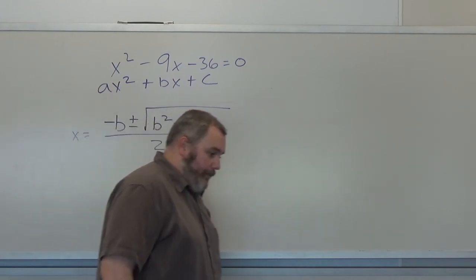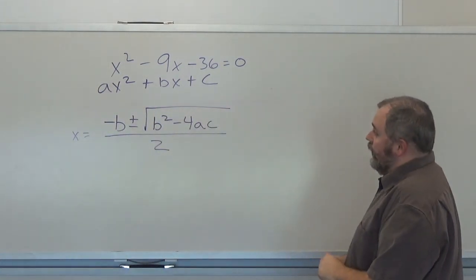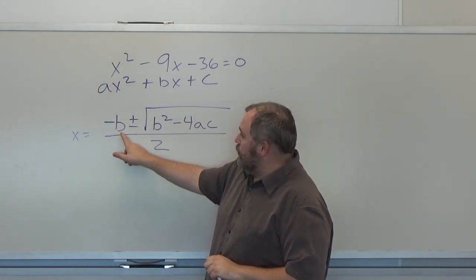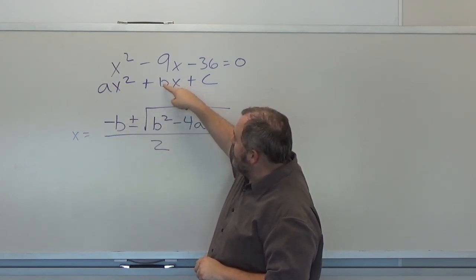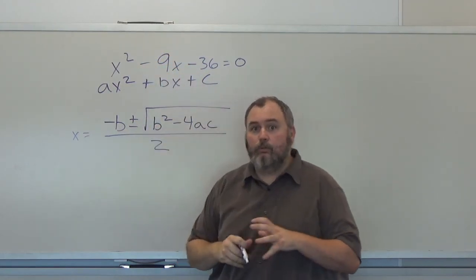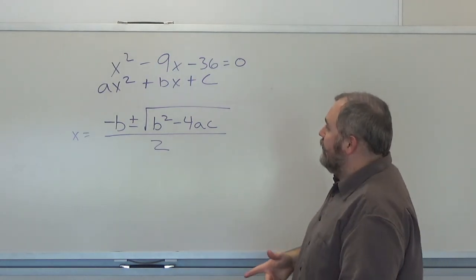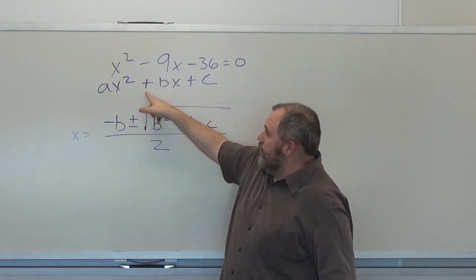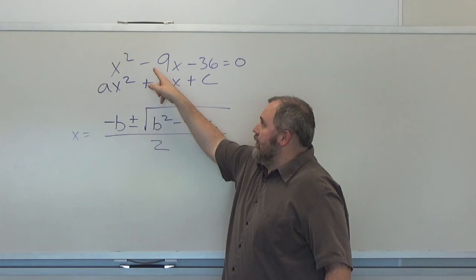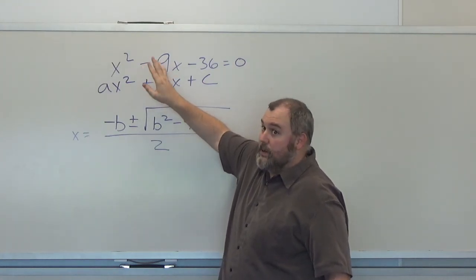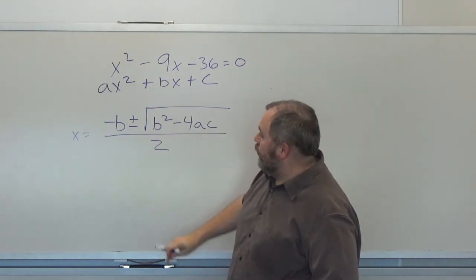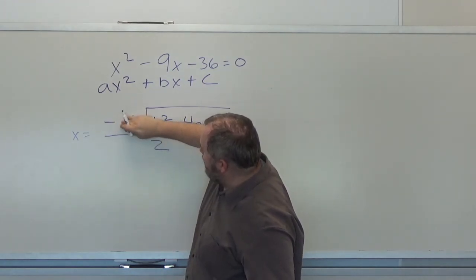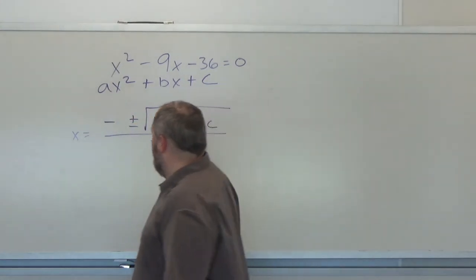What is that telling me? It's telling me a couple of things. Well, first off, what's b? In this case, it's the negative 9. Don't just say 9. It's a negative 9 because look, this is a positive. In order for this to be negative, a minus has to be negative. So every time we see b, we're going to plug in negative 9.